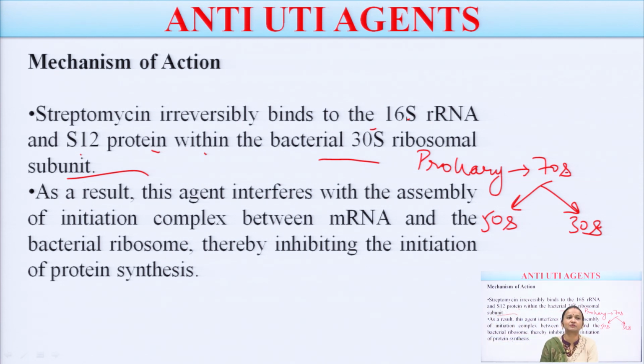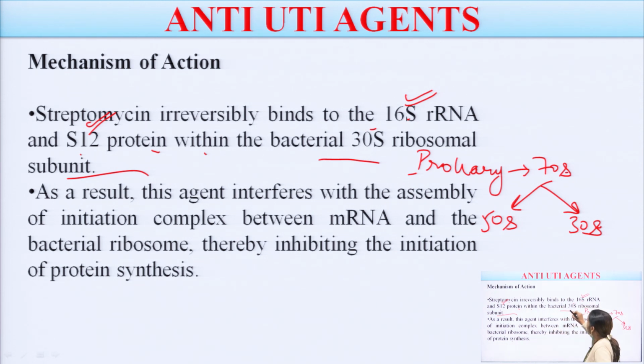Because the 70S ribosome is made up of 30S and 50S, it goes and binds to the proteins which are present in the 30S ribosomal subunit. The names of those are 16S and S12. Okay. Now, what will happen?